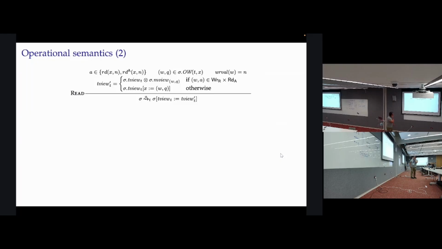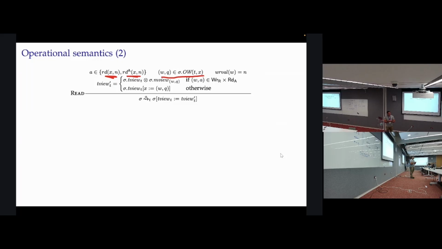What happens is, you're either executing a relaxed read or an acquiring read. Now, you must be reading from some right that is observable to you.